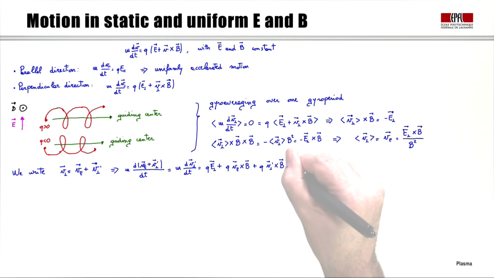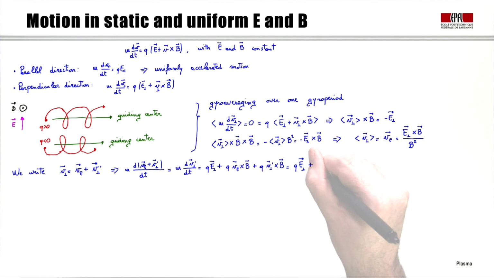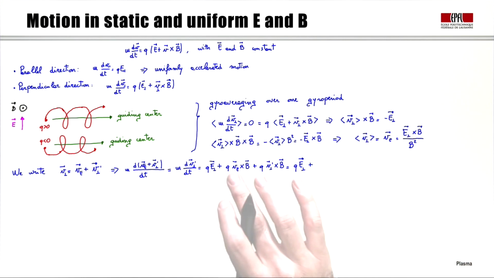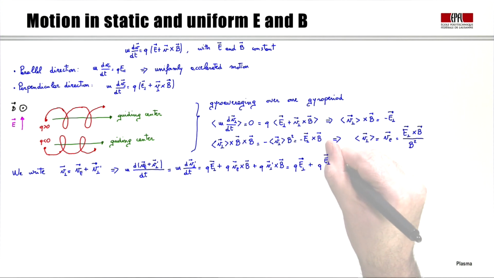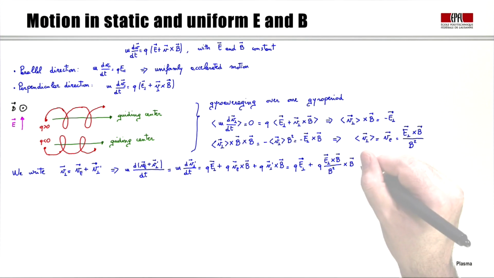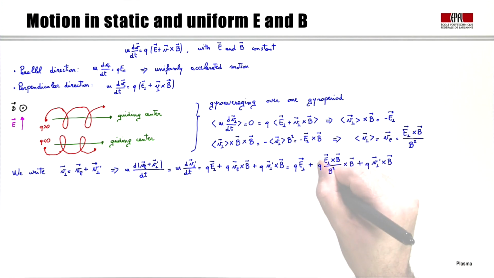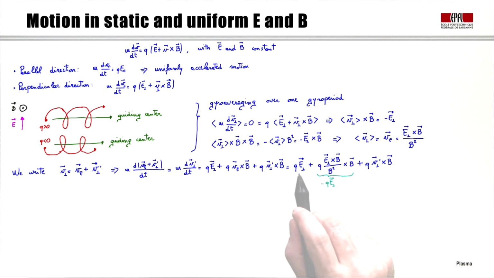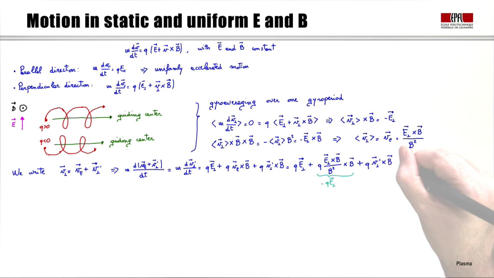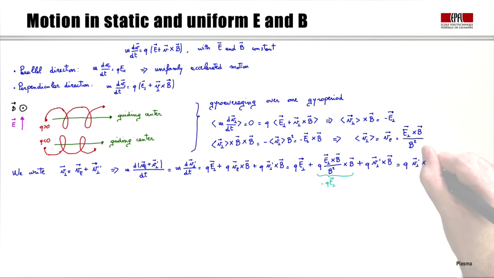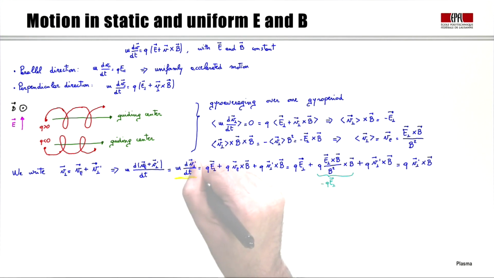And this is equal to Q E perp plus, okay, we can explicitly write the value of VE, and then let's rewrite Q V prime perp cross B. Well, if you notice, this quantity is actually given by minus Q E perp, and therefore it will cancel out with this Q E perp, and what we will obtain is simply Q V prime perp cross B. So now look at the equation that we have obtained by comparing this term here and this term here.